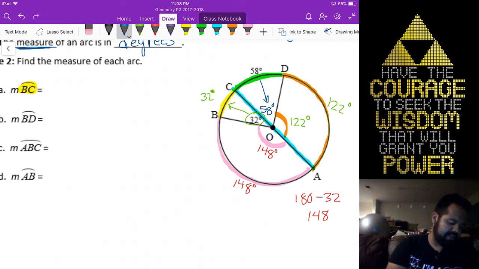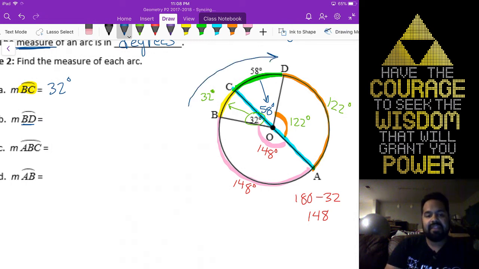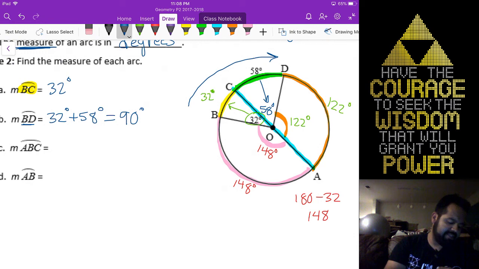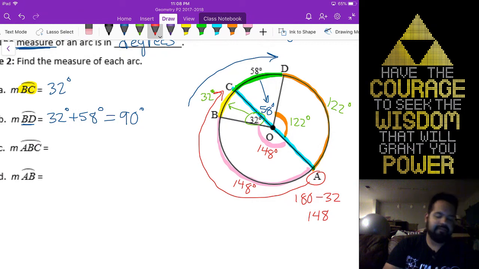So BC is 32 degrees. On BD, since I'm given two letters, I need the shortest arc between the two, which is going to be that. So I'm going to do 32 plus 58, which should give me 90 degrees. Measure of ABC, notice that ABC is from here to here.